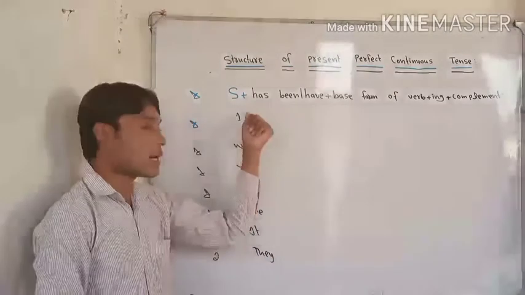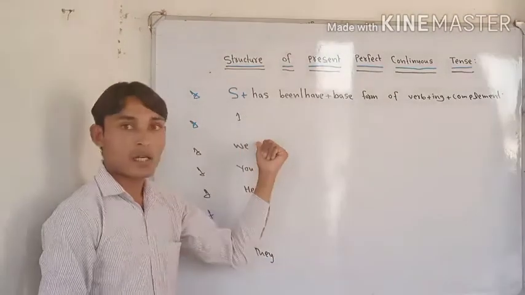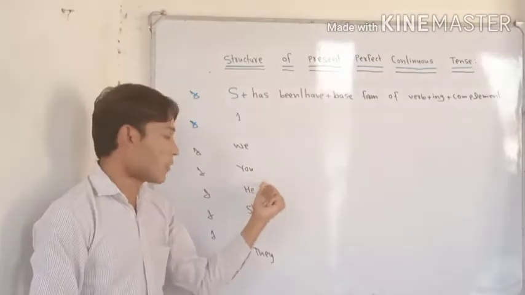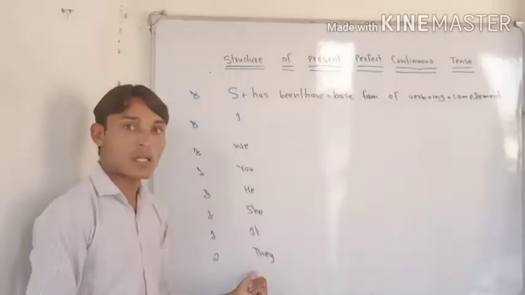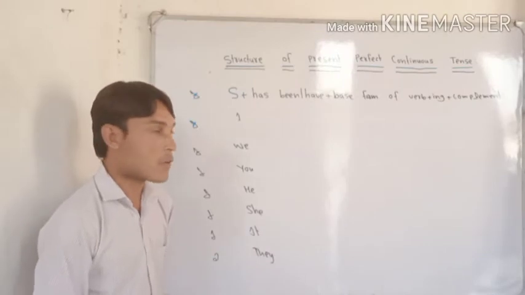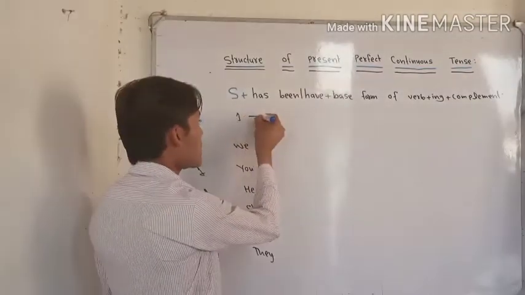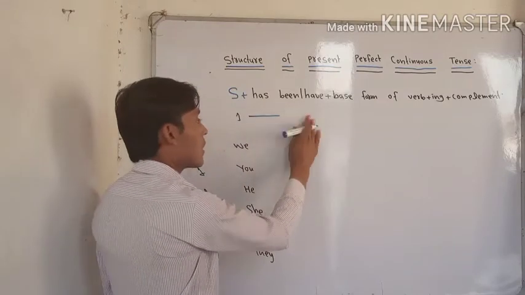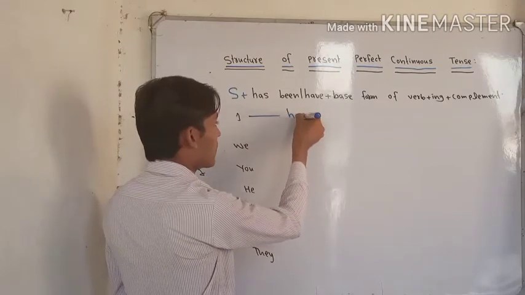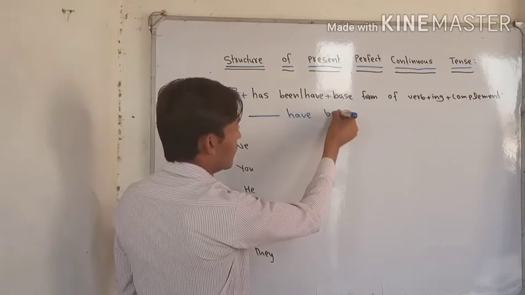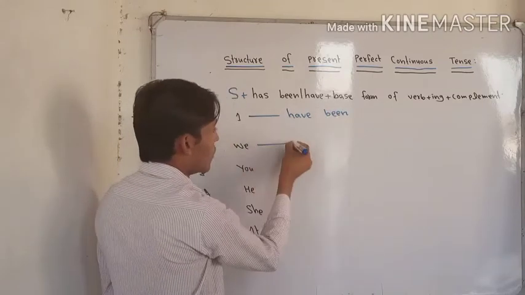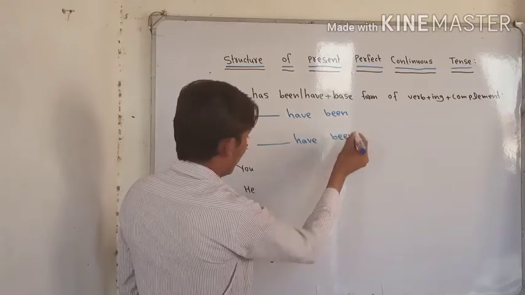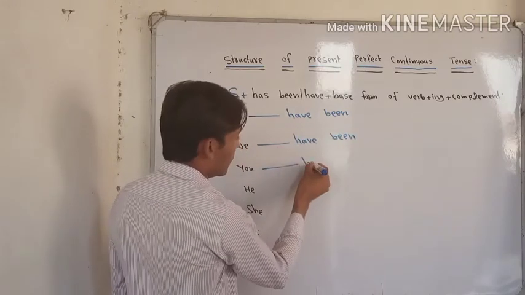I and we are called first person subject pronouns, while you is called the second person pronoun, and he, she, it, and they are called third person pronouns. These are followed by have been or has been. I is followed by have been, while we is followed by have been too, and you is followed by have been.